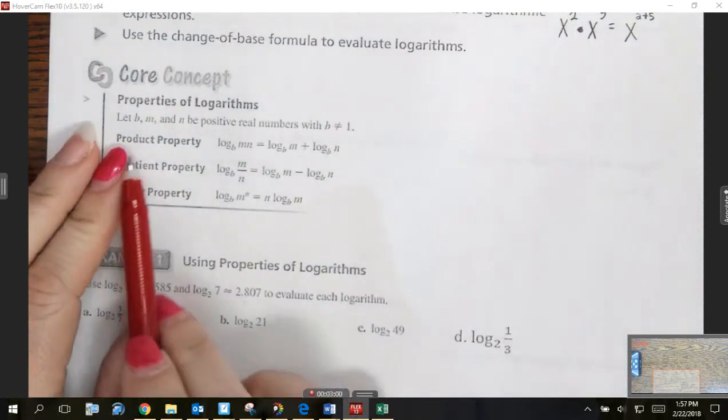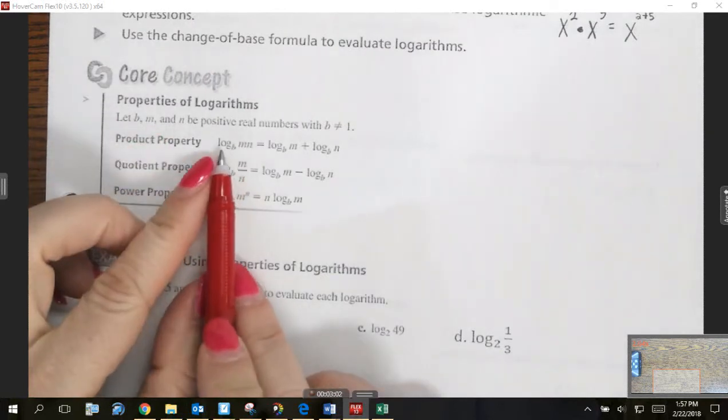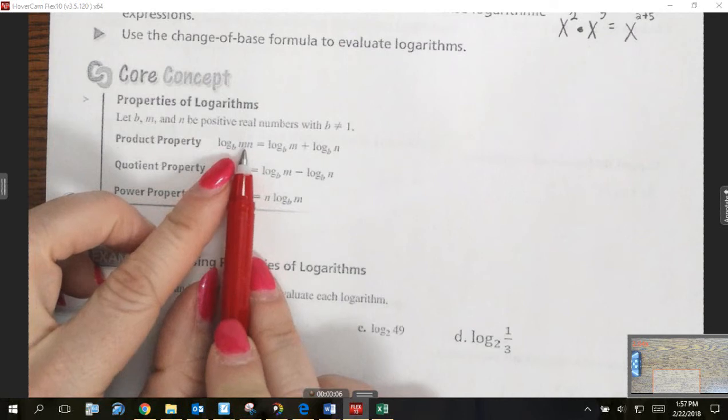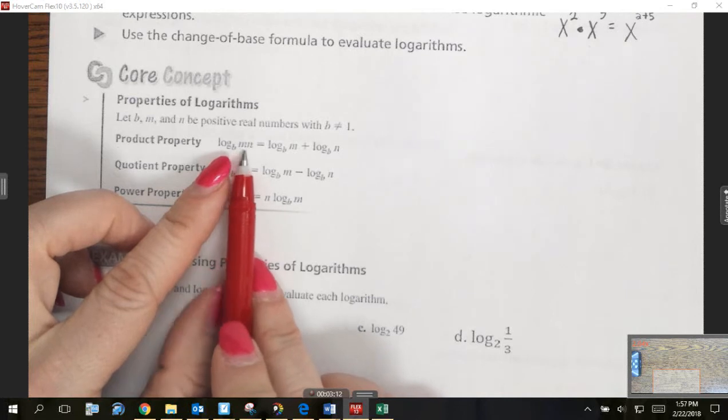So the first one is called the products property. And we start with log some base b of mn. Mn would be 2 numbers multiplied together. So I'm going to give you a real number example.